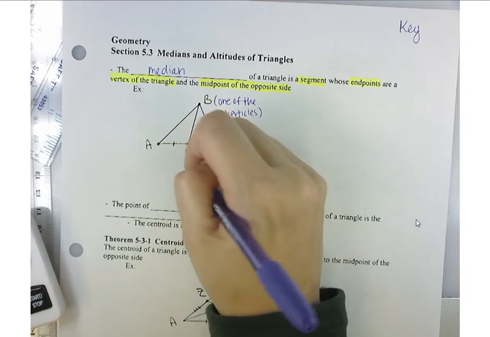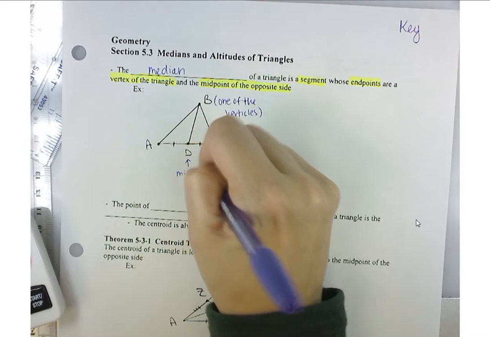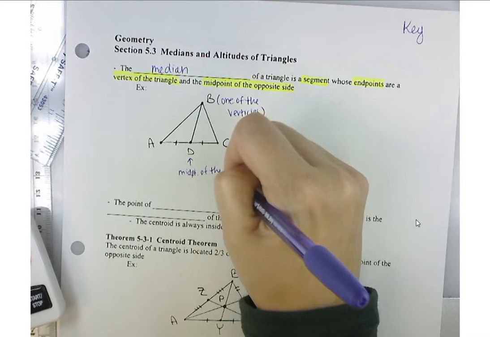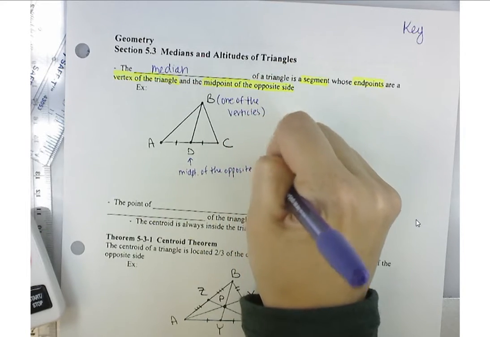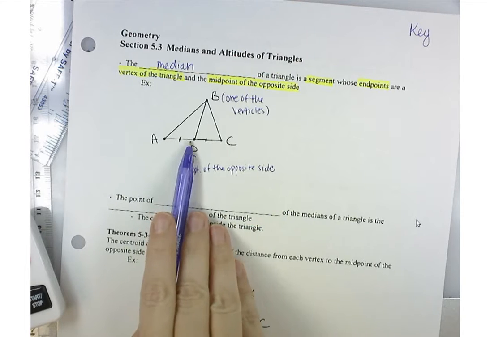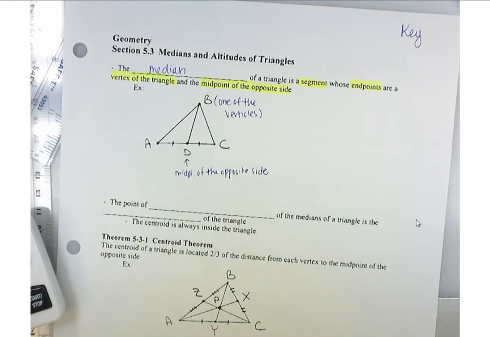And then D would be the midpoint of the opposite side. And we know it's the midpoint of the opposite side because we have these 2 marks here that tell us each side is congruent.